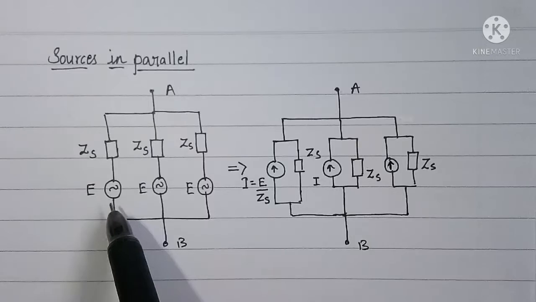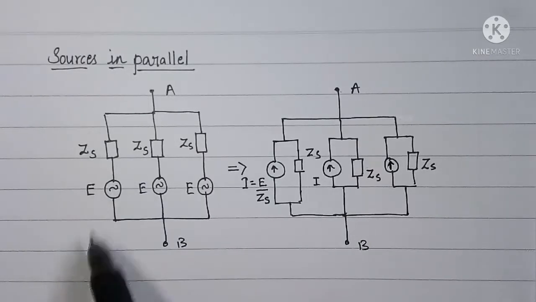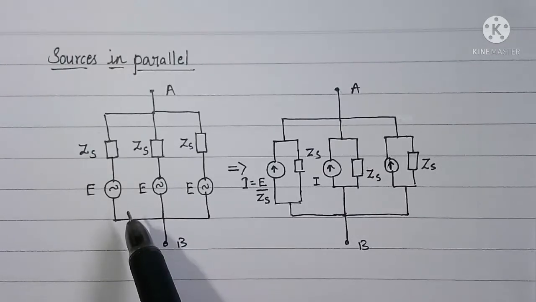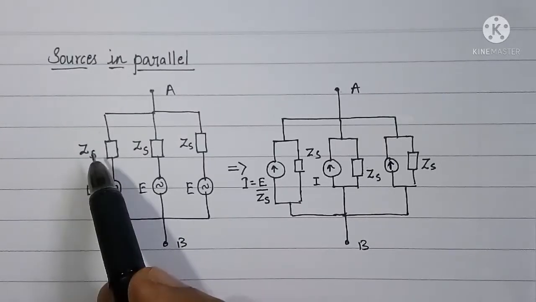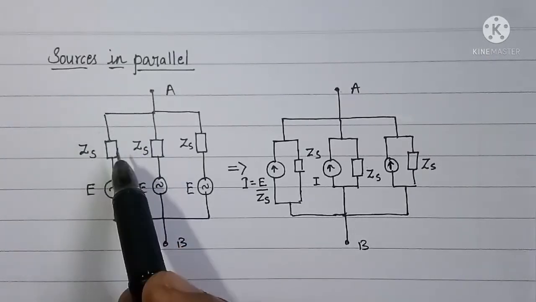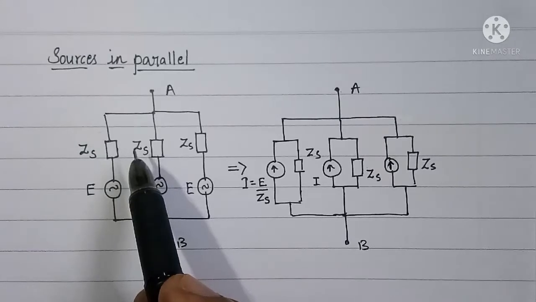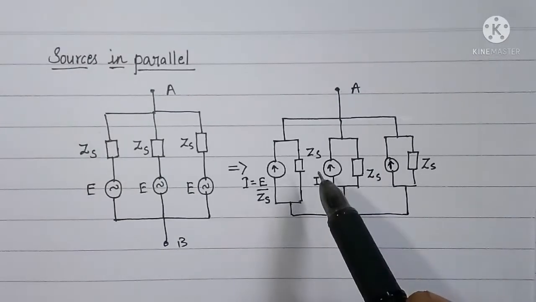We know that an EMF source having series impedance, that is its internal impedance, may be converted into a current source, and the current through the current source will be equal to EMF E divided by ZS, and this series impedance will be coming in parallel with that current source as shown here.